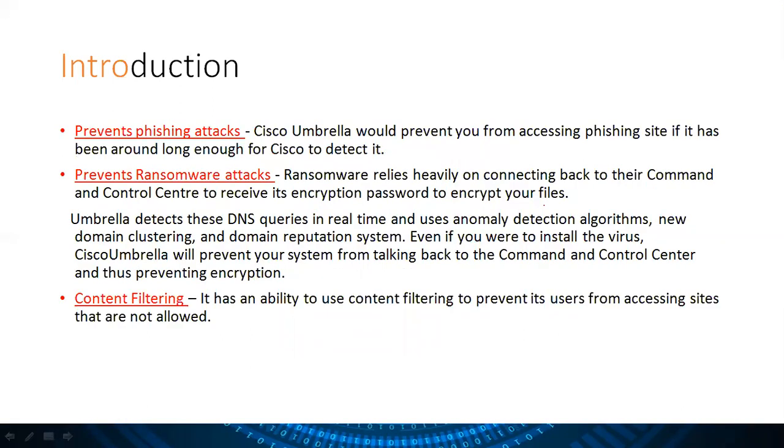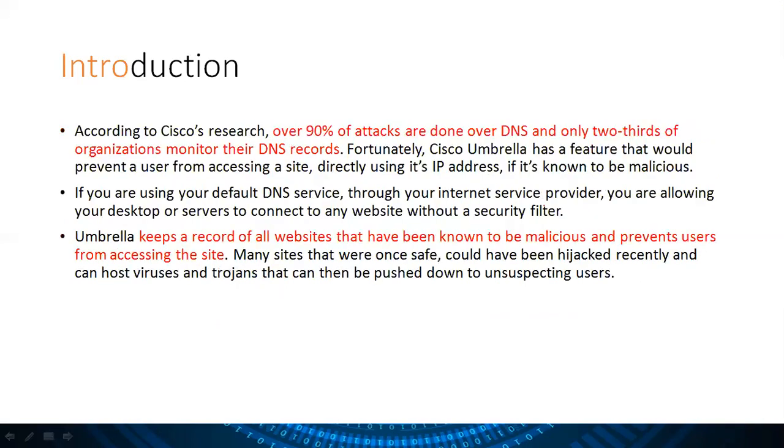So what's the advantage? That's the question that comes to our mind, right? Why should I go for Cisco Umbrella? Because it ensures that if a user tries to access any website, it's a first layer of defense, as per Cisco. A user tries to access a website, and based on the DNS server setting in my TCP/IP, it is going to resolve the address.